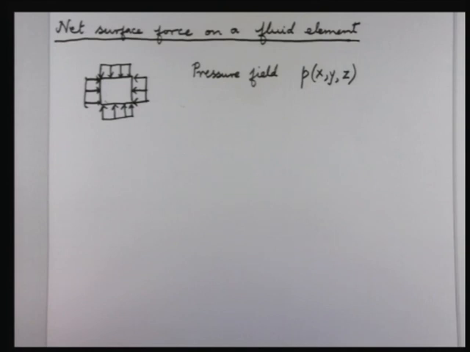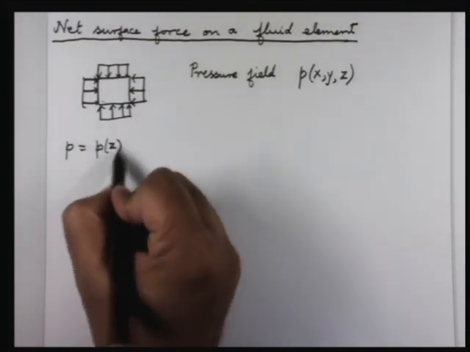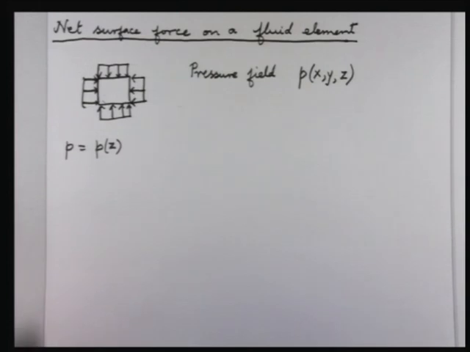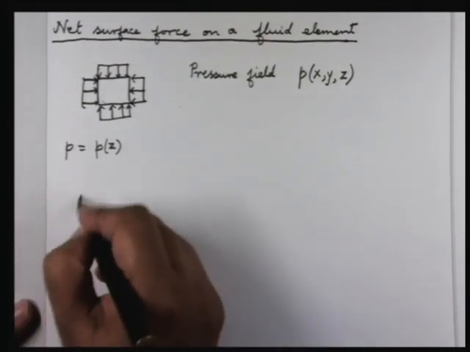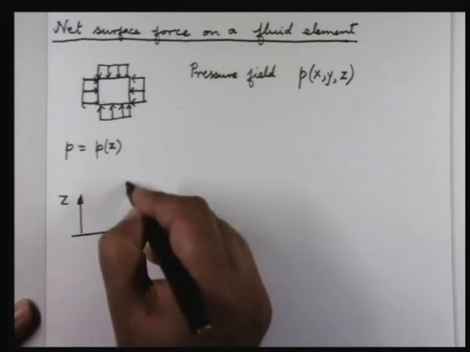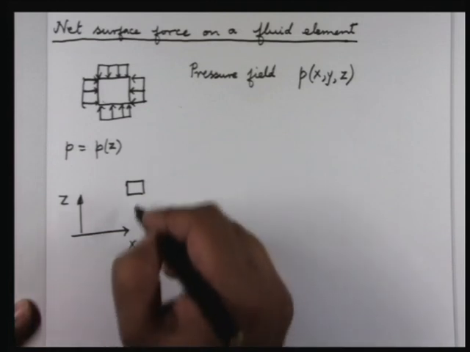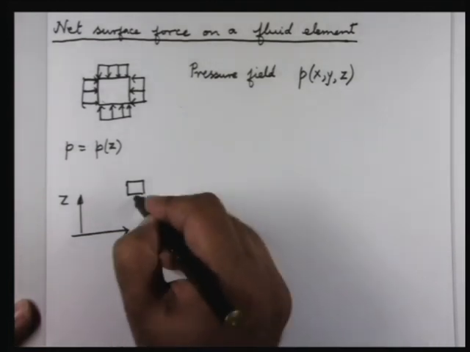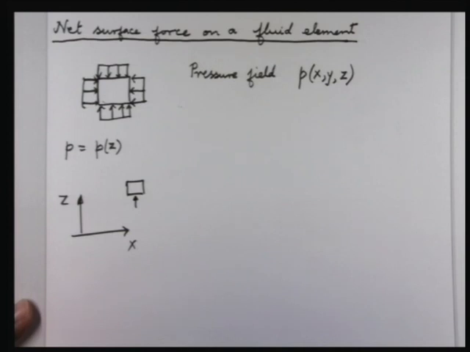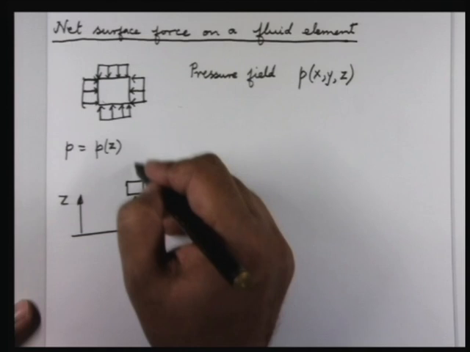Now once again I'll start with a simple case. Suppose I take P to be a function of z, one coordinate. If I say z is this way and x is this way, now I take a fluid element here. There is a force below on this surface, which is going to be upwards because it's a compressive force, and there is going to be a force here.